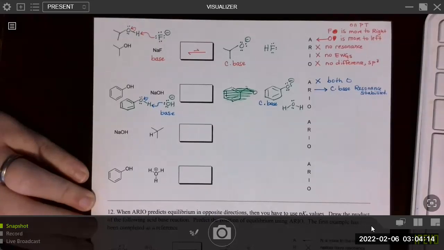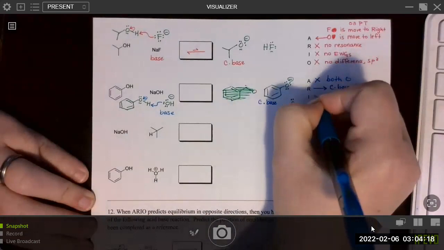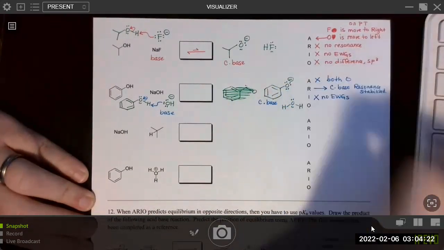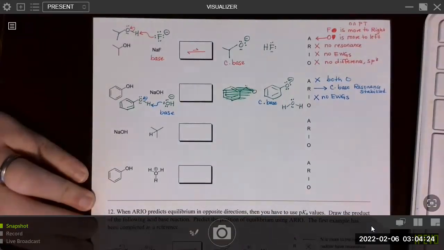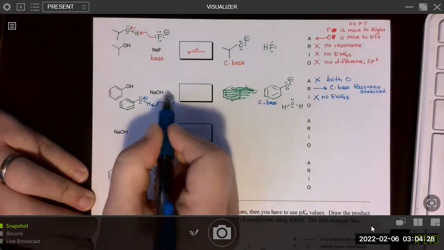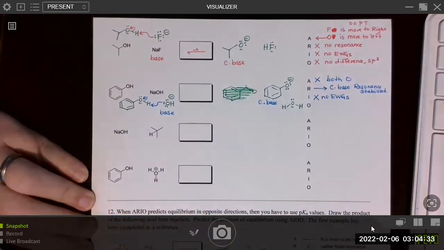And induction, there aren't any nearby electron withdrawing groups. So no electron withdrawing groups. In terms of the orbital, the orbital on hydroxide, the oxygen is sp3, and then this oxygen is sp2.